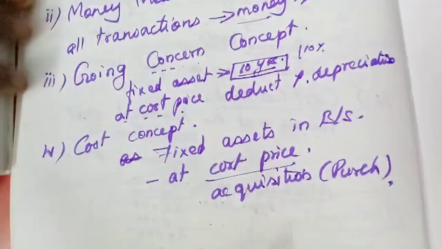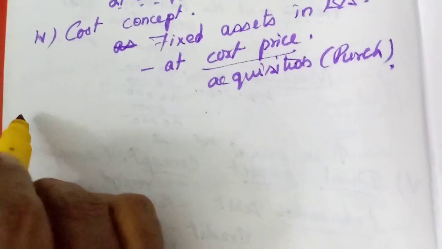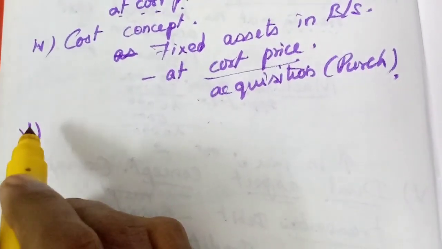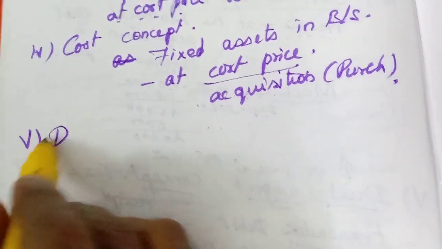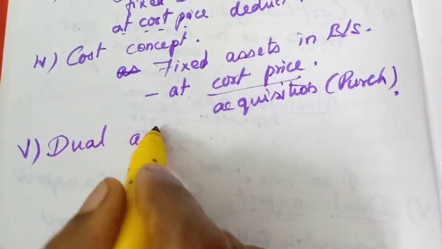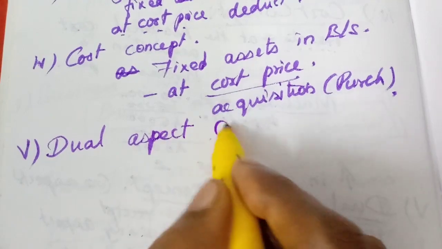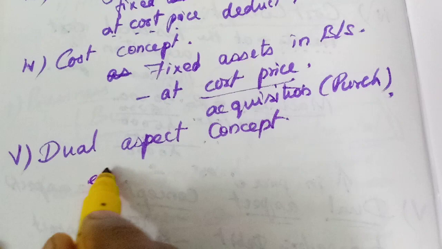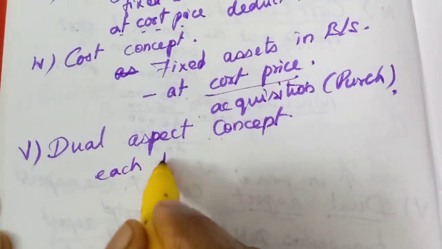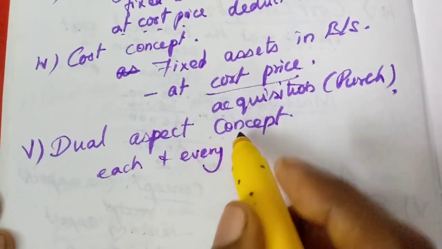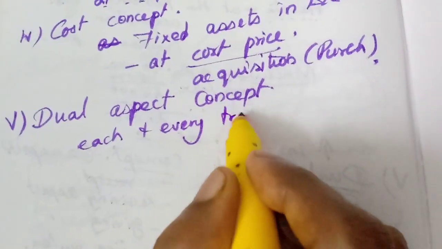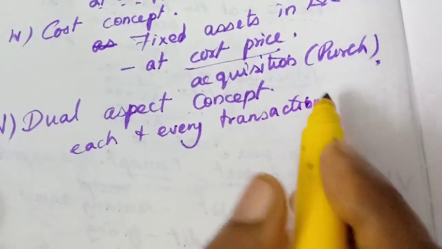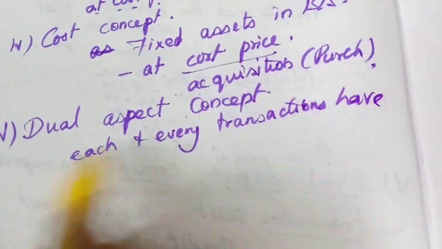Then the fifth one, dual aspect concept. Each and every transaction has two aspects. Here, all business transactions have two aspects.